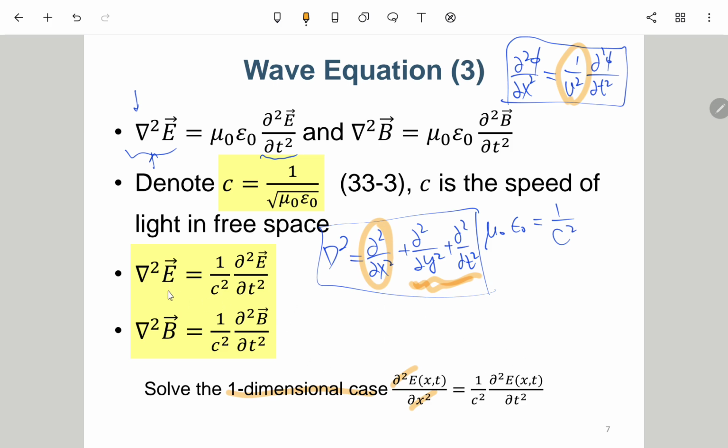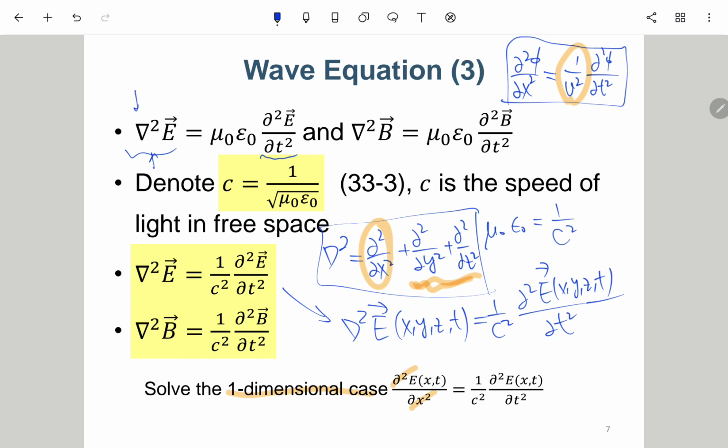If I need to write the E field completely, it will be the Laplacian of the E field in x, y, z components and also t, equals 1 over c squared times the second derivative with respect to time of the E vector in x, y, z, t. So the electric field has a vector at every point x, y, z in space, and it also depends on time, so it is a function with four inputs. Now if we focus on one dimension, we assume it is independent of y and z, so E only depends on x and t.